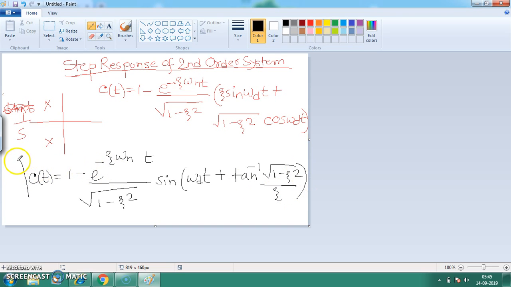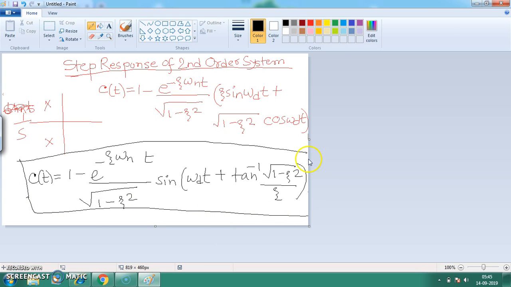So this is the output expression for the system.